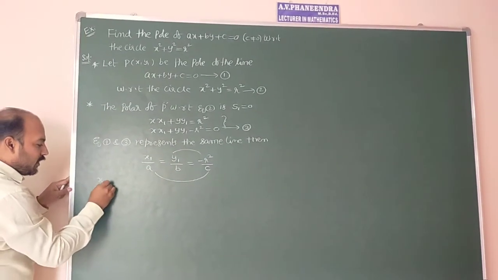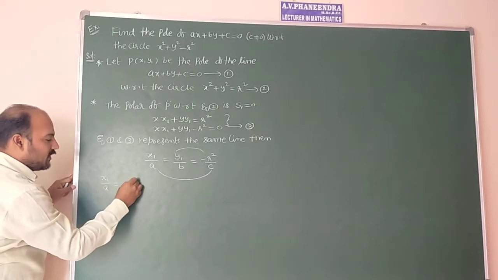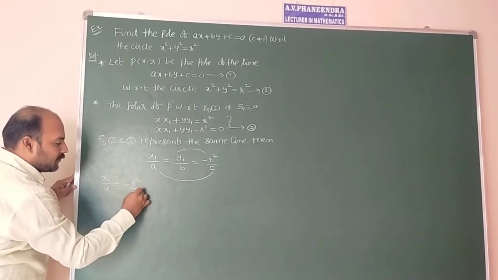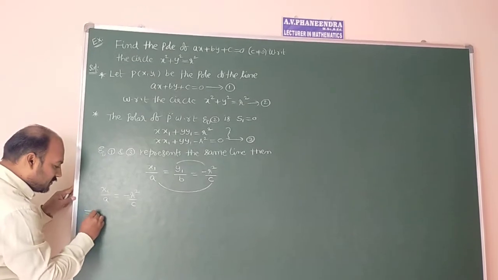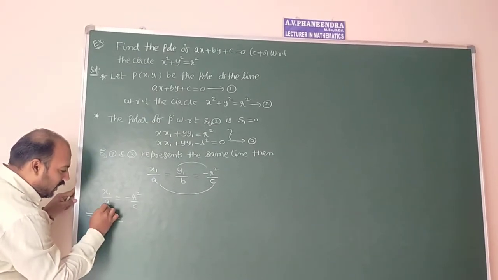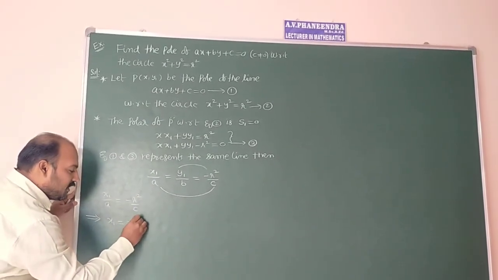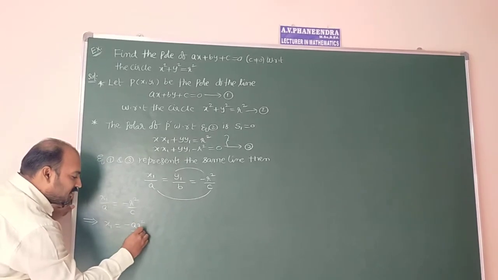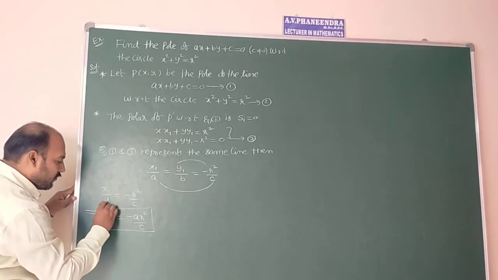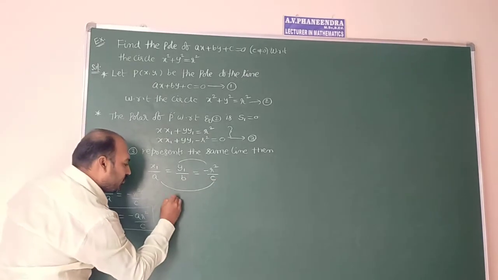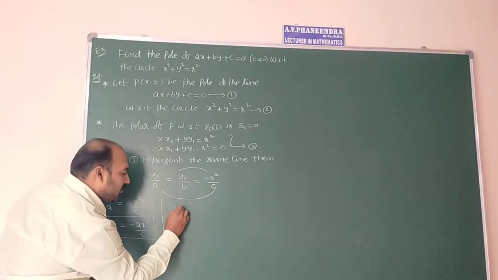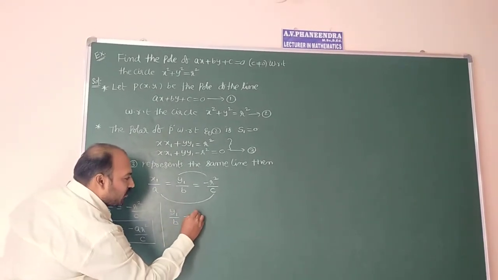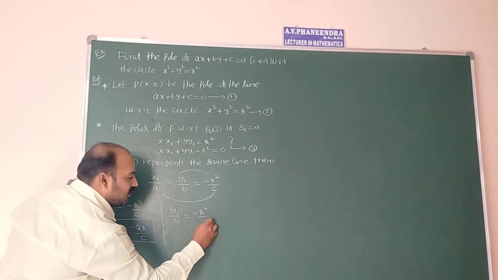Now x1 by a is equal to minus r square by c. That implies x1 is equal to minus a r square divided by c. Equating these two, y1 by b is equal to minus r square by c.